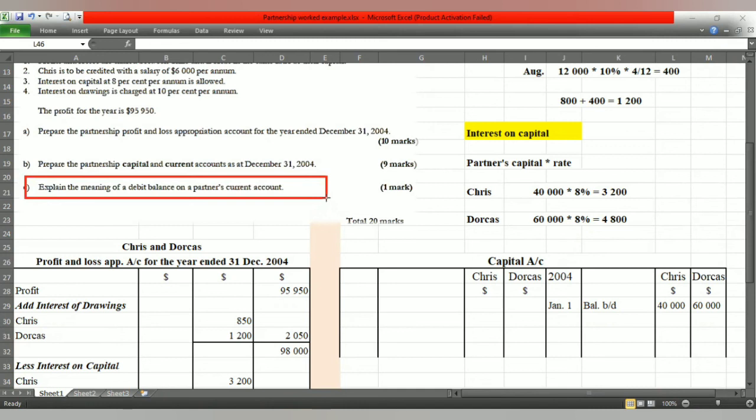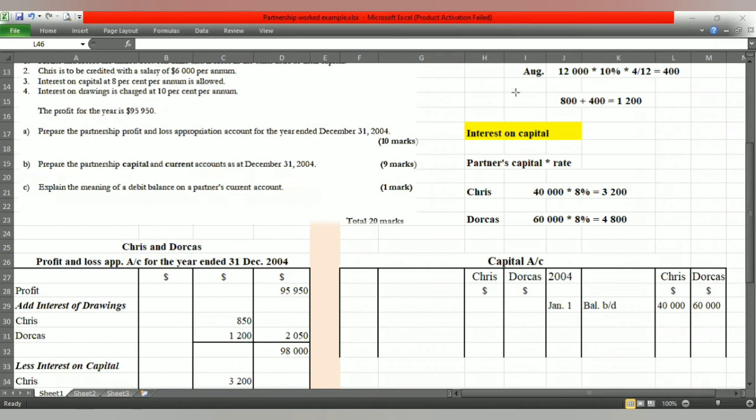The reason a partner's current account carries a debit balance is that the partner has withdrawn more than is worth in the business and therefore is now owing the business that balance in value. So if it is a debit balance of, say, for example, $50,000, the partner would be owing $50,000 to the business.